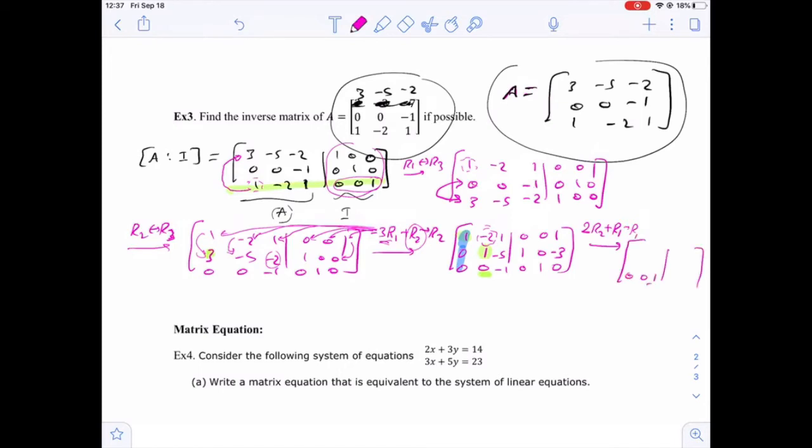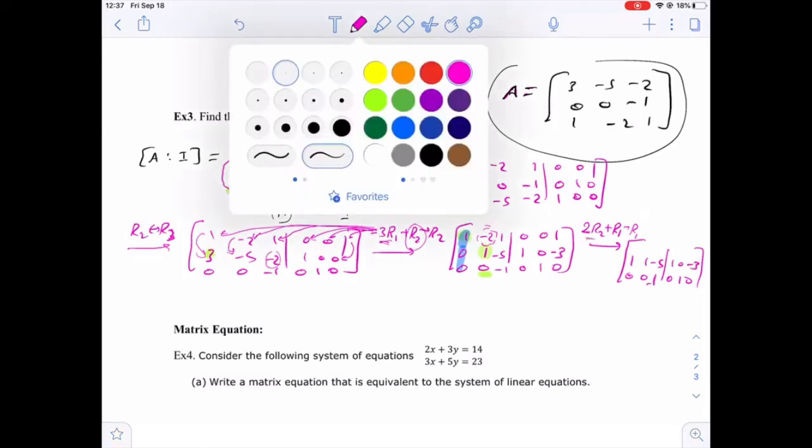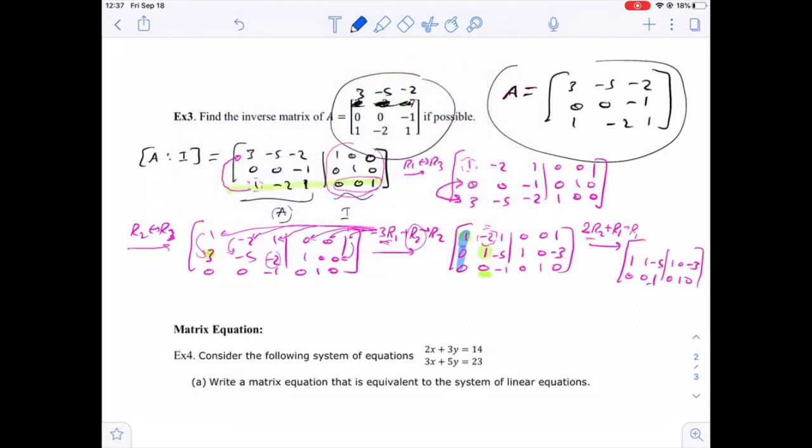So the third row is the same, and the second row will not be changed. And then we multiply the second row by 2. So I'm gonna use another color. 2 times row 2, 2 times 0 is 0, and then add it to row 1.